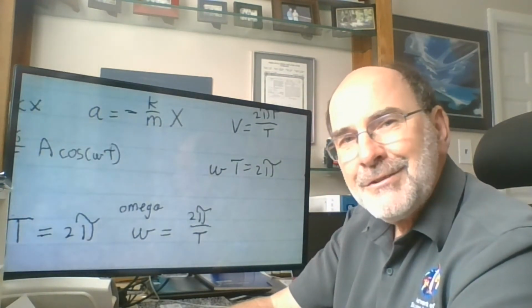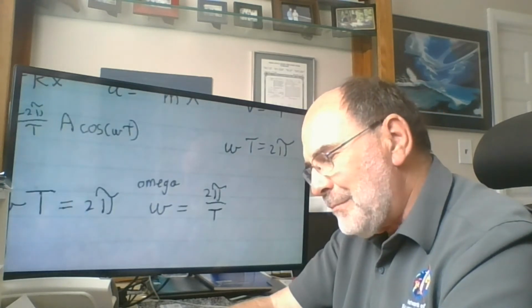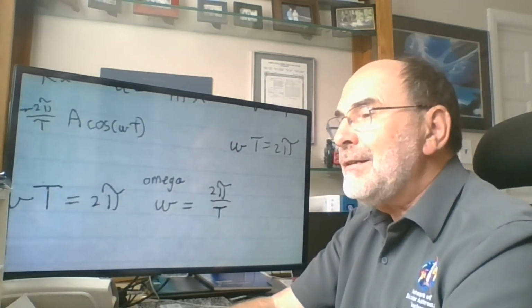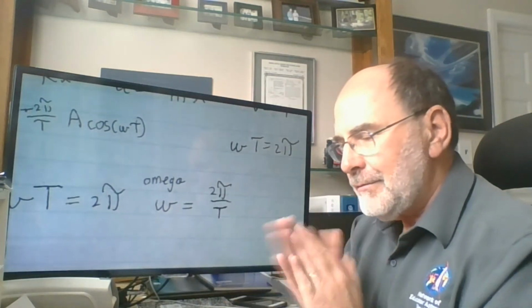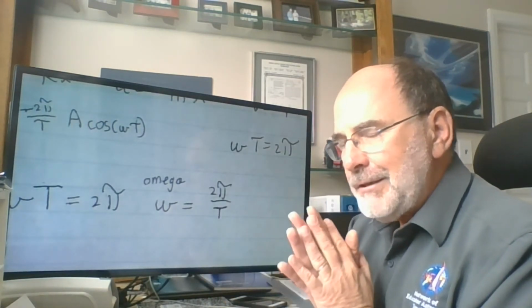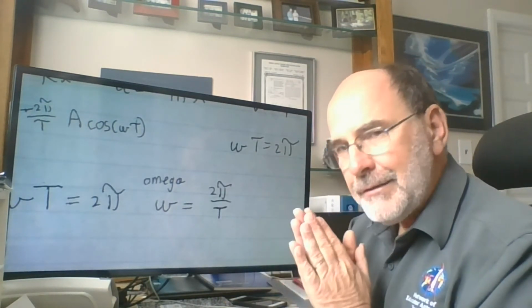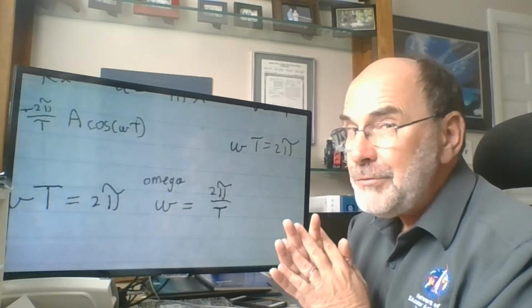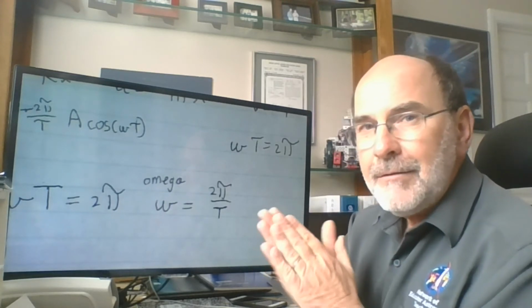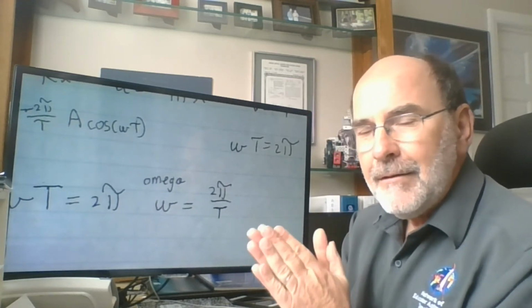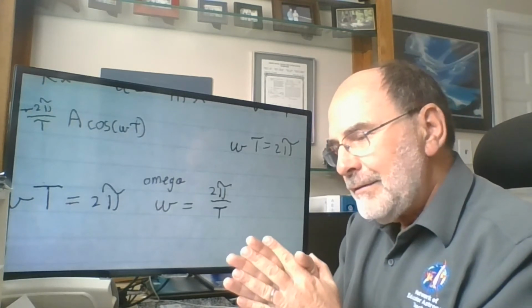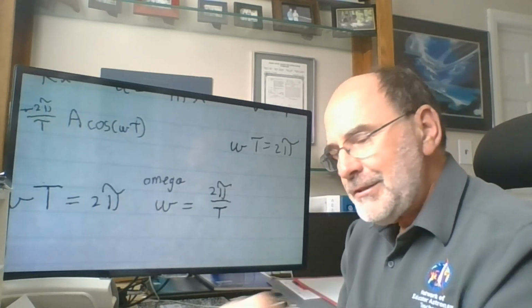But wait, there's more. You might remember that when I clap my hands, if the period of time from one clap to the next is 0.2 seconds, then the frequency is the reciprocal of that.